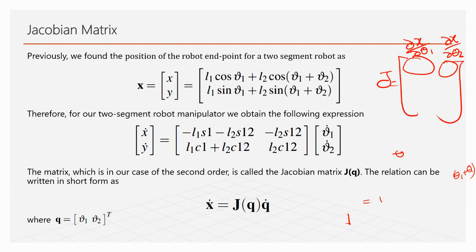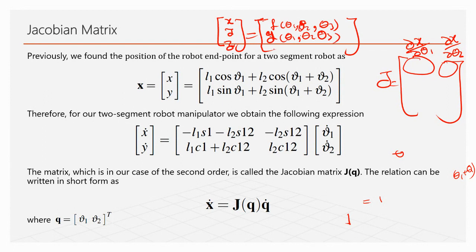Just as an example, not related to here: if I give you a relationship between x, y, z with three parameters, let's say theta 1, theta 2, theta 3, as functions f, g, and h of theta 1, theta 2, theta 3.